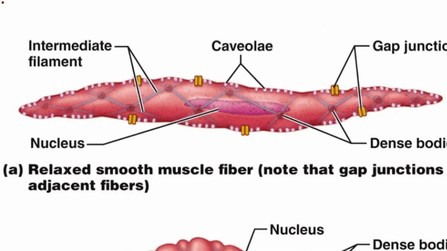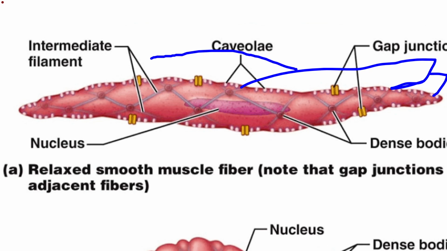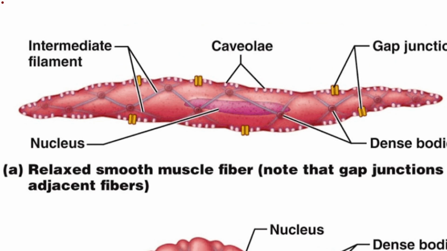One, we've got gap junctions. So when I have another cell against this muscle cell, so I'll have another muscle cell here, right? And then you've got some here, right? And so these gap junctions are connections between these other cells, right? But in addition, I have these little depressions called caveolae.